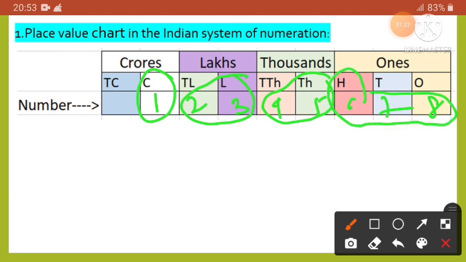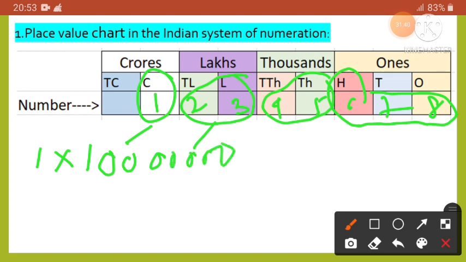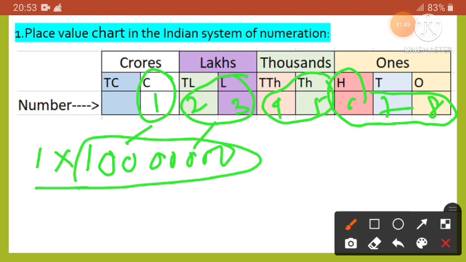And we can also write the place value of each digit. For 1, the place value will be 1 into the place of the digit, which is 1 and then 7 zeros. So it is 1 crore.